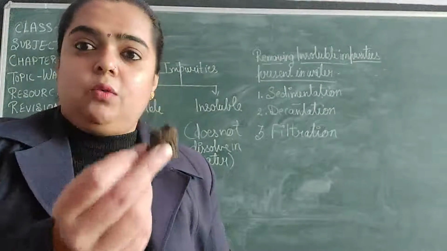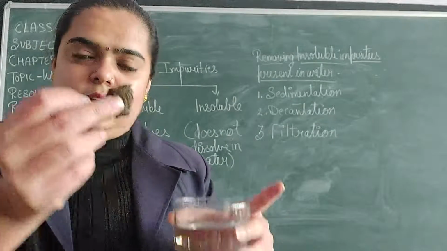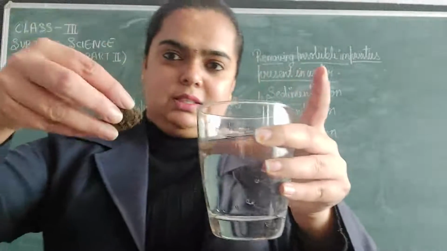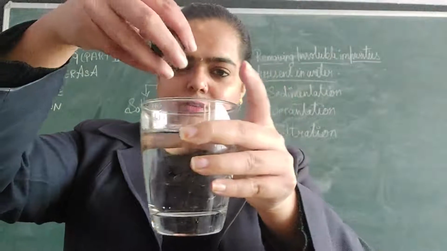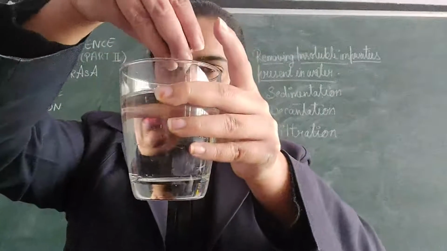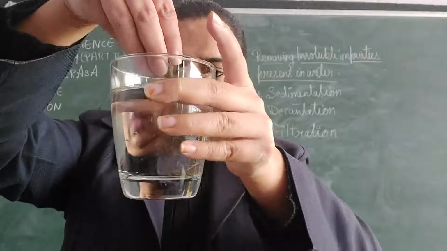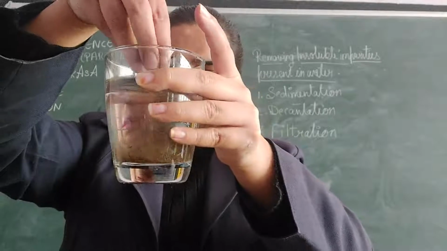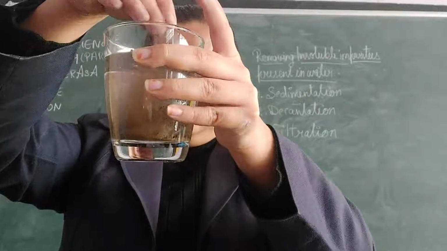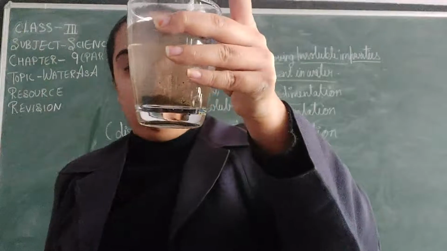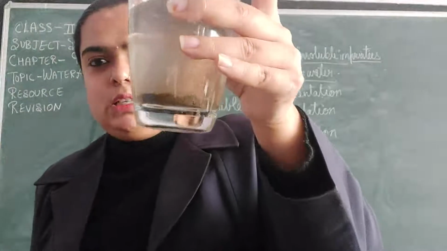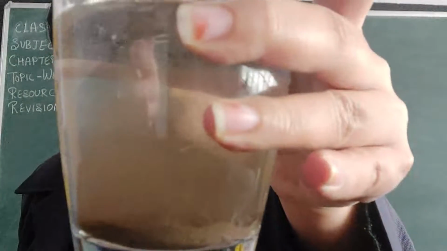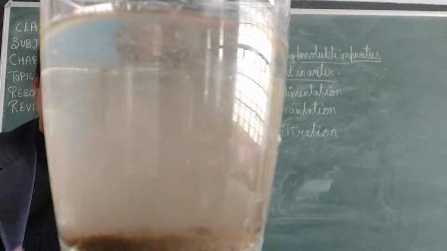Alright. Now what I am going to do is put this sand in the water. See. Okay. And now I will allow it to settle down. I'll give it a little time and let it settle down. Let us see what will happen.